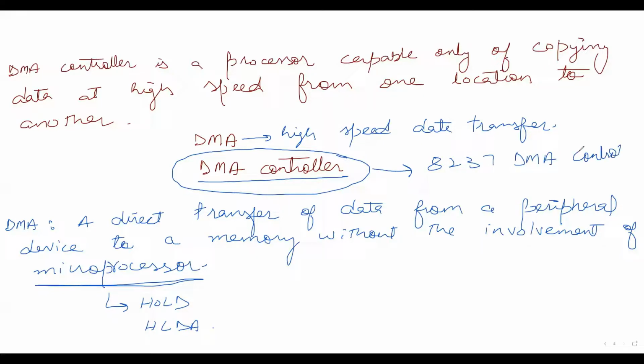We will see how this is used to achieve direct memory access. But we won't discuss all the components of this controller, only those necessary to understand direct memory access in microprocessor 8085.